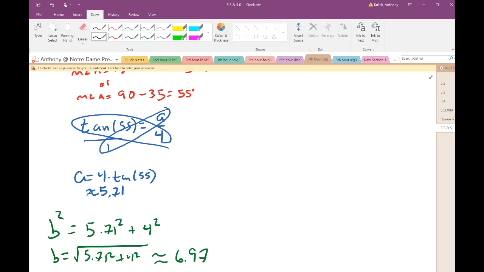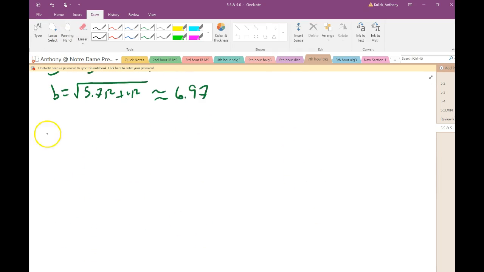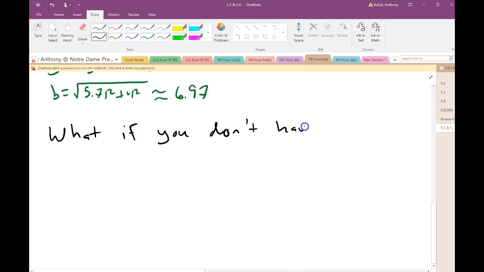We all kind of remember doing this. Okay. So here is the big question then. What if we don't have a right triangle? Well, we can't use SOHCAHTOA.